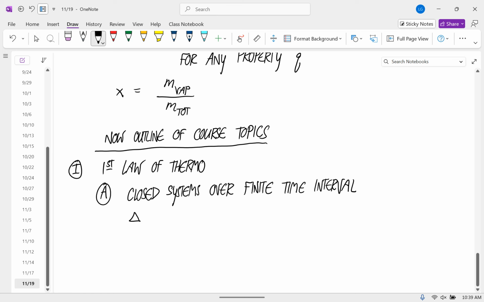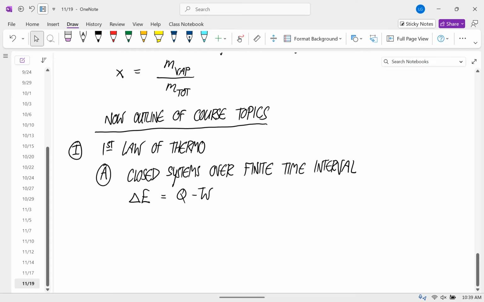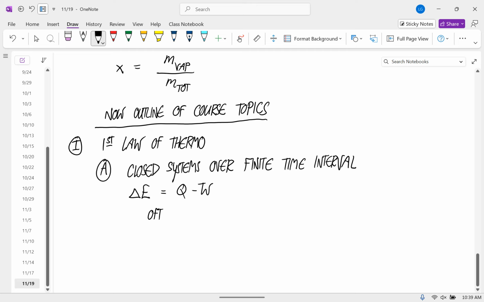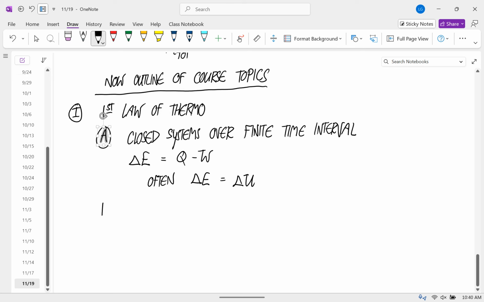And this says the change in E is equal to Q minus W. And pretty often in this class, delta E is just going to be equal to delta capital U. Then second, we did it for closed systems in a differential form.